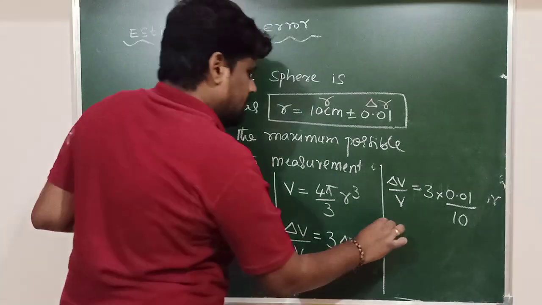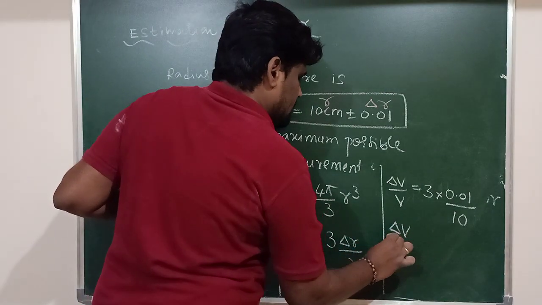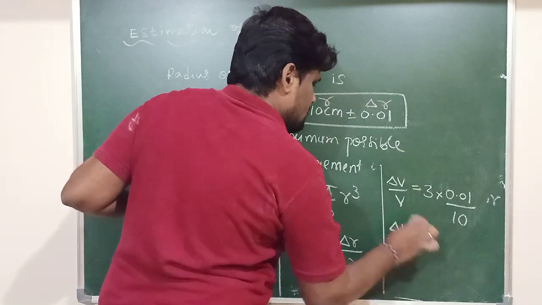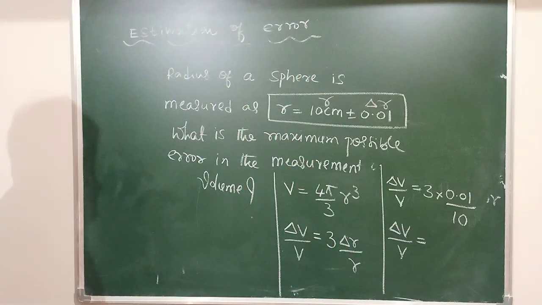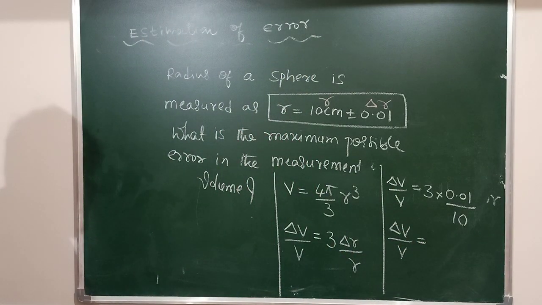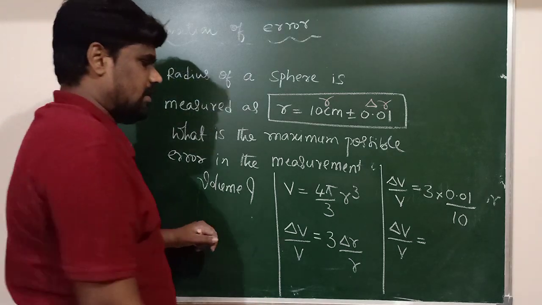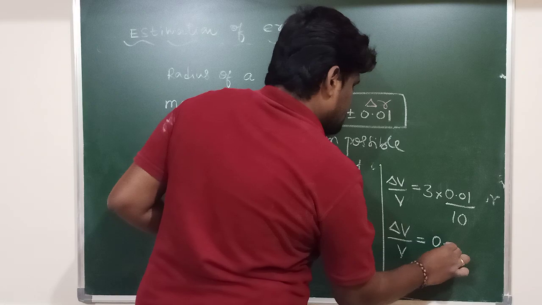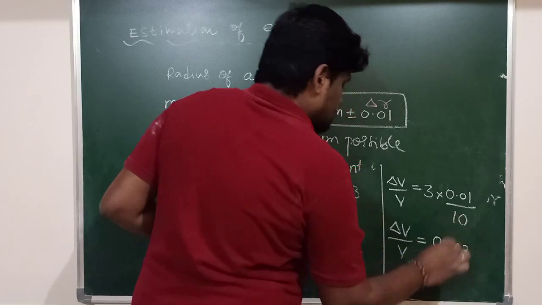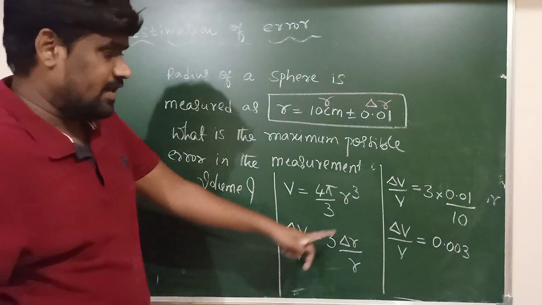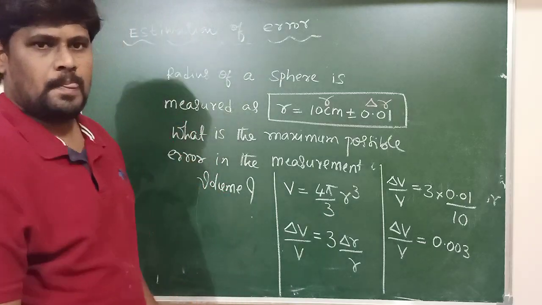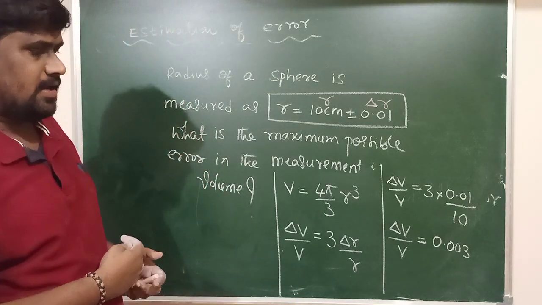Then delta V by V is equal to 3 into 0.01, that is 0.03, divided by 10. It will be 0.003. Which error is it? It is called the relative error in volume.